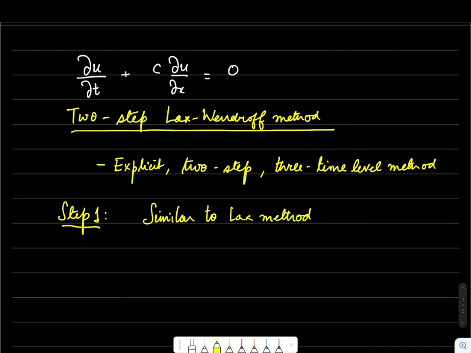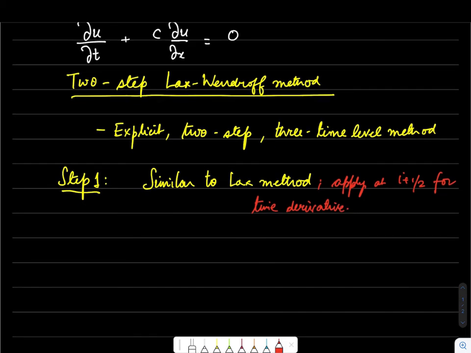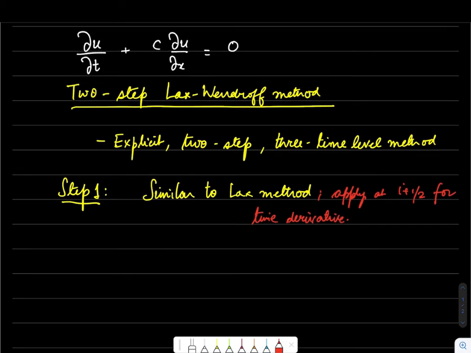except that now we will apply the scheme at i plus half when evaluating the time derivative. So what it means is, if I look at the wave equation, the du/dt term will be calculated at the location i plus half.